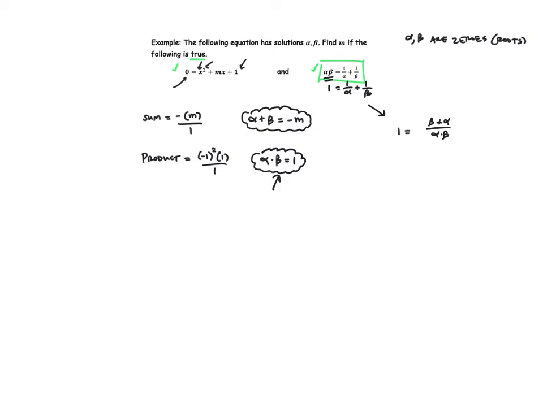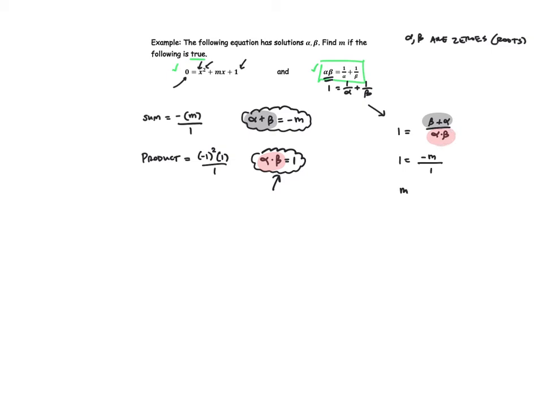So beta plus alpha over alpha times beta should equal 1. Well, I know that beta plus alpha, or alpha plus beta, is negative m. And alpha times beta is equal to a positive 1.